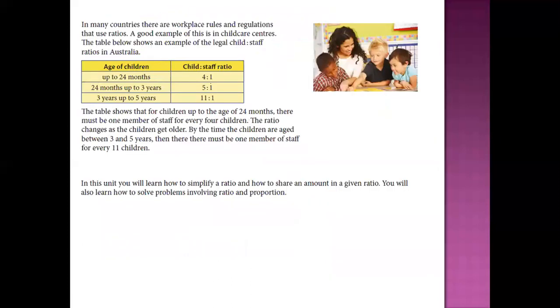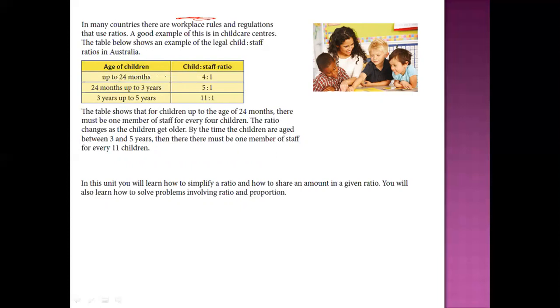In many countries, there are workplace rules and regulations that use ratios. For example, this table shows that for children up to the age of 24 months, there must be one member of staff for every 4 children. In the first column, as you see, up to 24 months is the age of children.